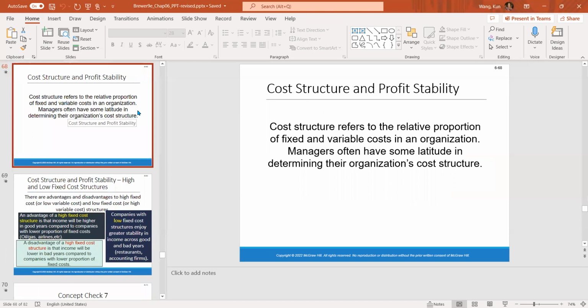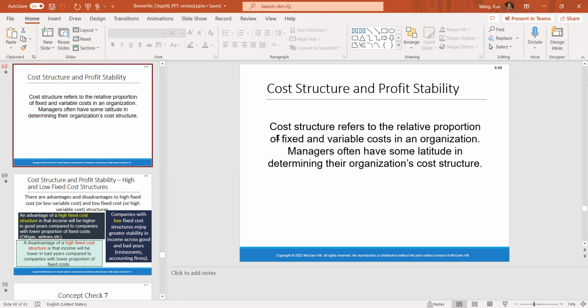Cost structure is directly related to the operating leverage calculation. As we mentioned, even though the formula shows the contribution margin and net income, the fundamental reason that causes the operating leverage to change is the relative portion of the company's variable cost and fixed cost.